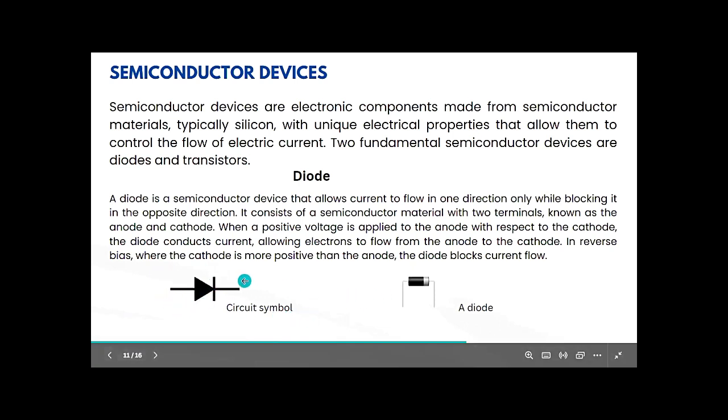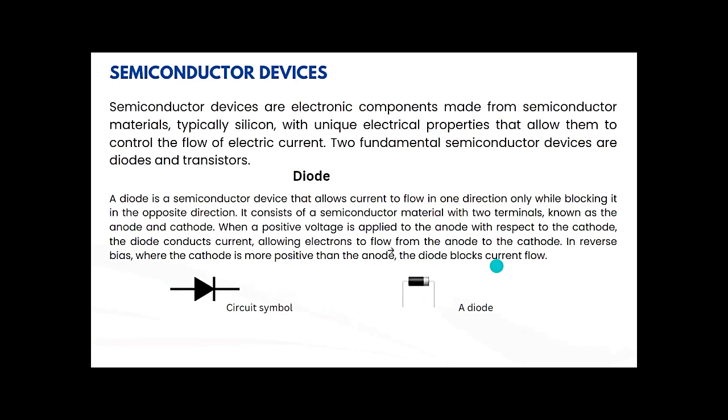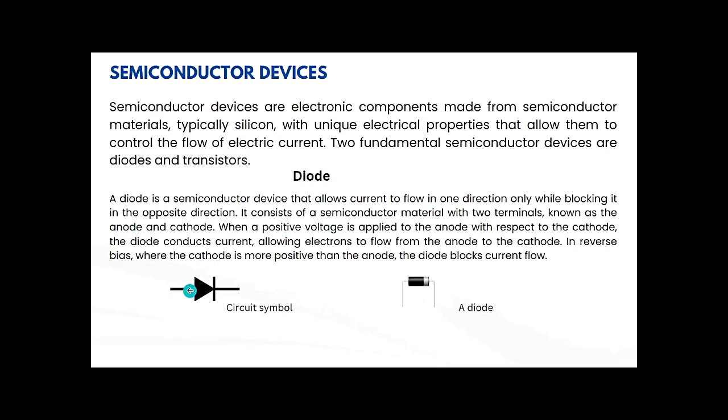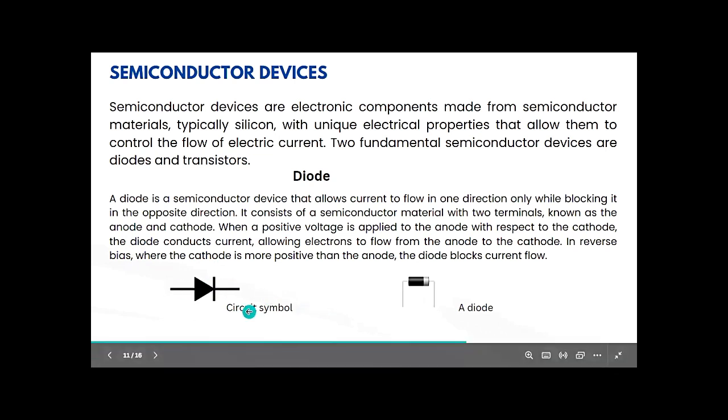This same current that flows from the anode to the cathode will not be allowed to come back from the cathode to the anode again, unless the energy source is connected in reverse bias. So there are two ways of connecting a diode in a circuit: a forward bias connection or a reverse bias connection.